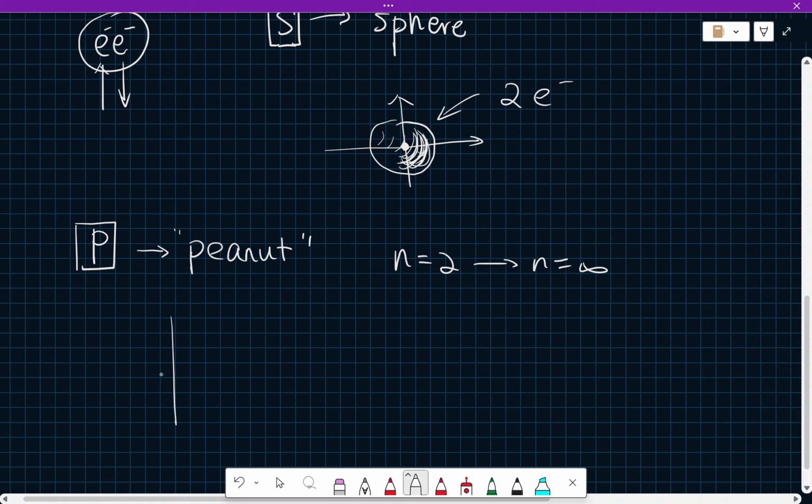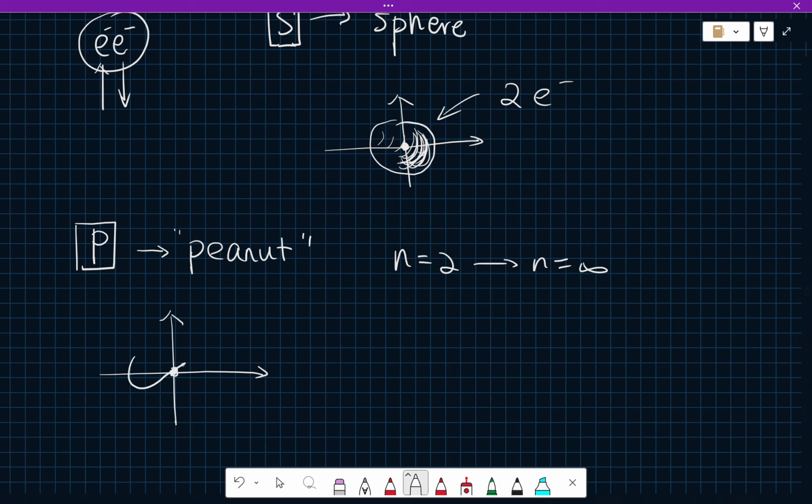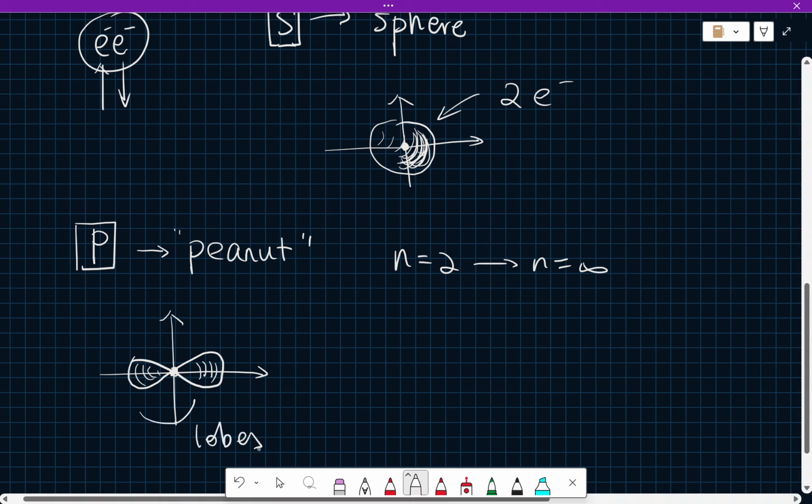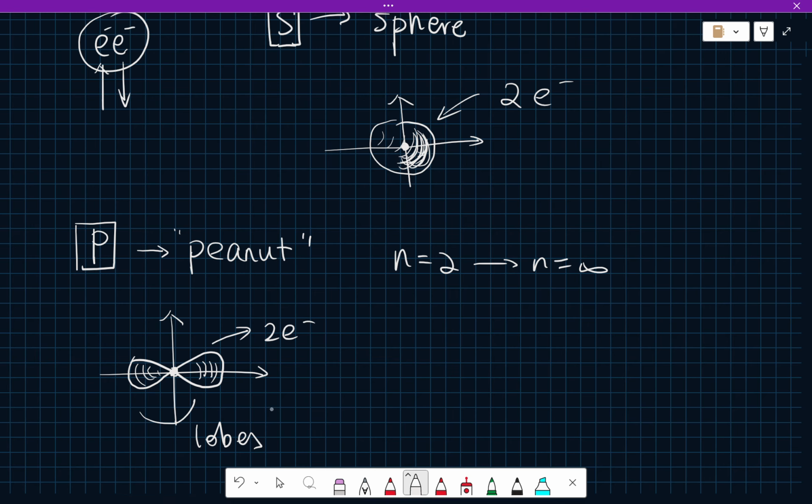So p orbital looks like this. This is still the central nucleus, and the p orbital looks like something like this. So we'll have 2 lobes around the nucleus, and this orbital will also contain 2 electrons, just like any other orbitals.